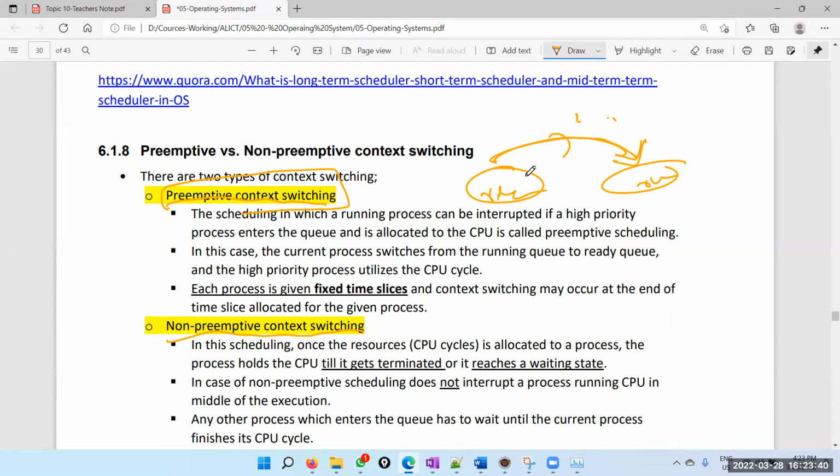When the fixed time slot is over, it has to go back to the ready state and wait again for a chance. Then we call it preemptive context switching. But that time slice can be different. Maybe X is getting a little bit bigger time slice, Y is getting a smaller time slice, but you are getting a fixed time slice. After the end of that time slice, you will be taken back to ready so that some other process is given a chance.